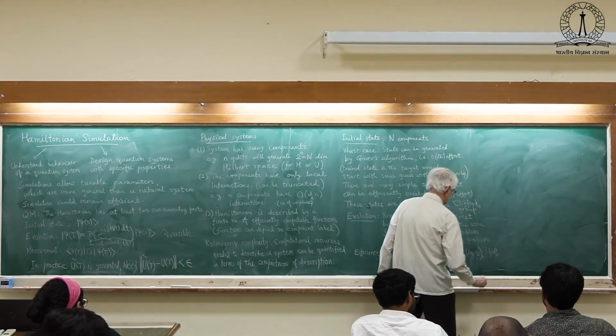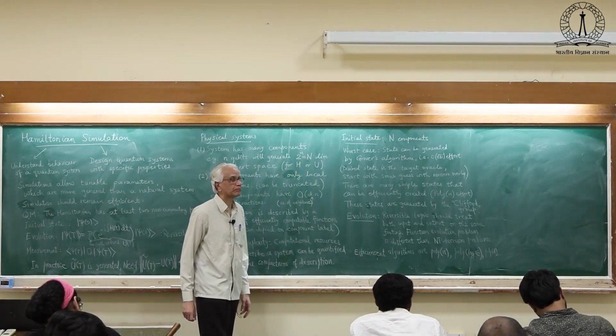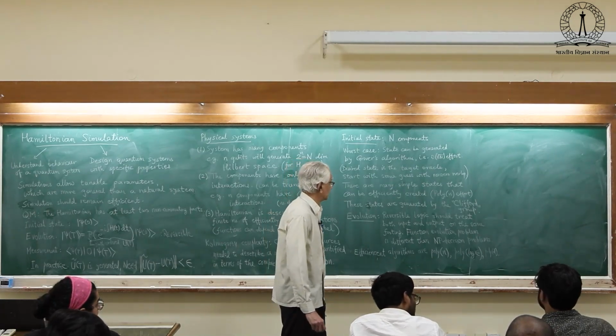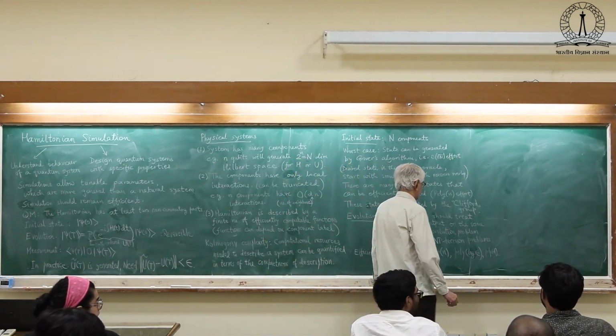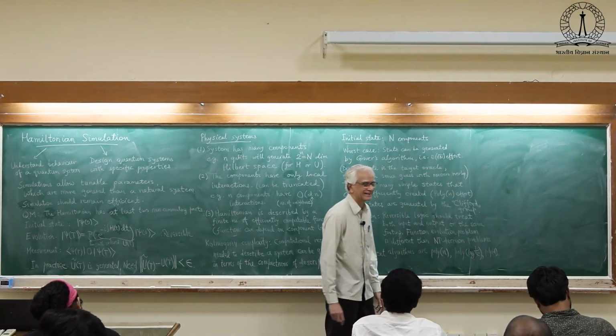is the connectivity, number of neighbors. Yeah, 1 by epsilon. If you want to make a number positive, that is fine.